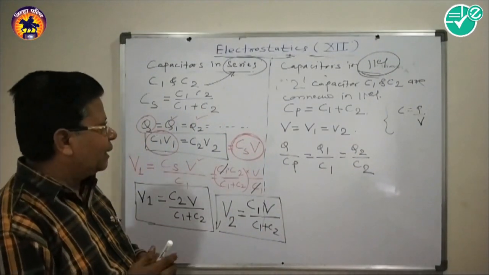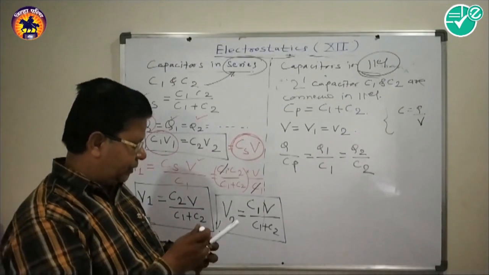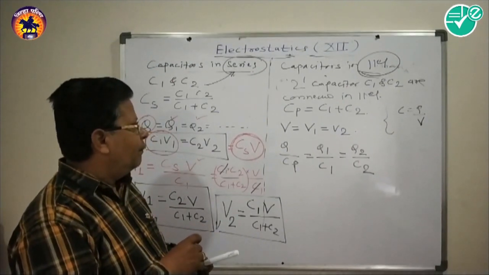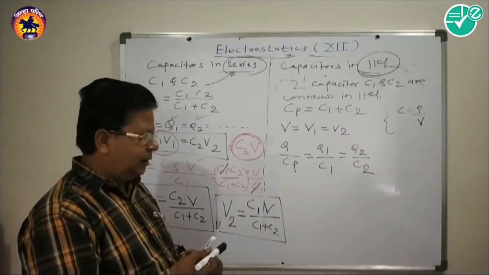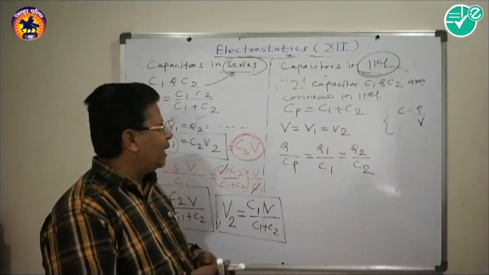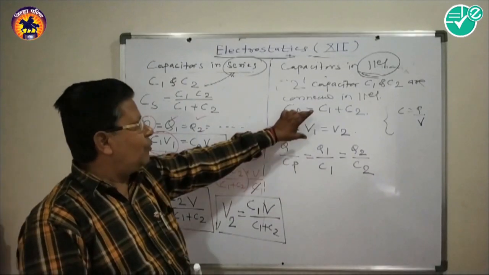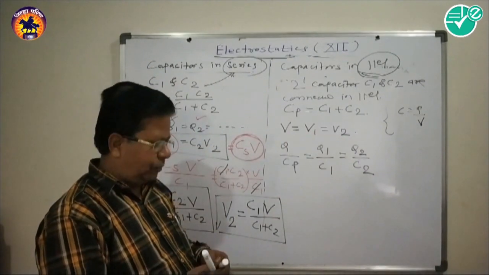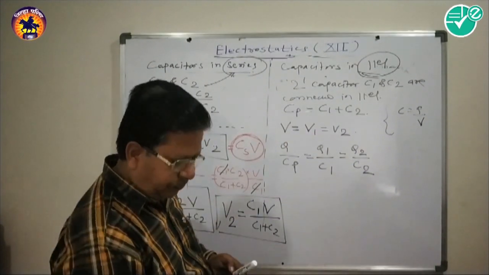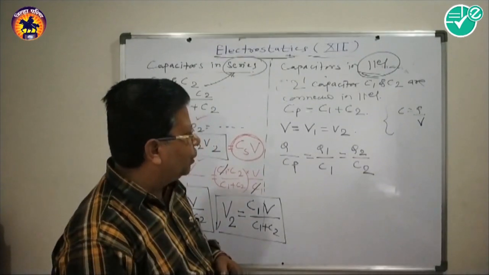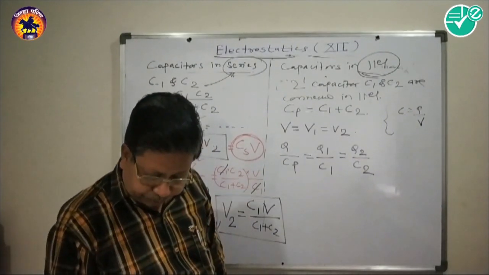So in case of parallel combination, as the PD is the same and the charge on each capacitor is different, the value of V comes out to be Q divided by Cp, V1 comes out to be Q1 upon C1, and V2 comes out to be Q2 upon C2.